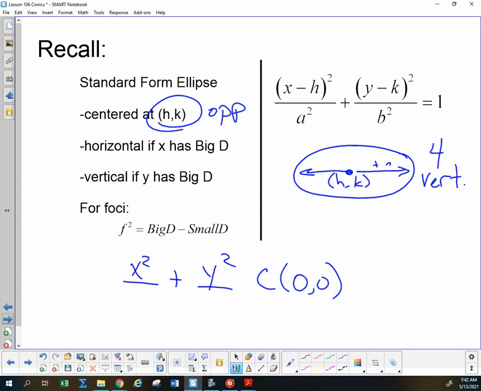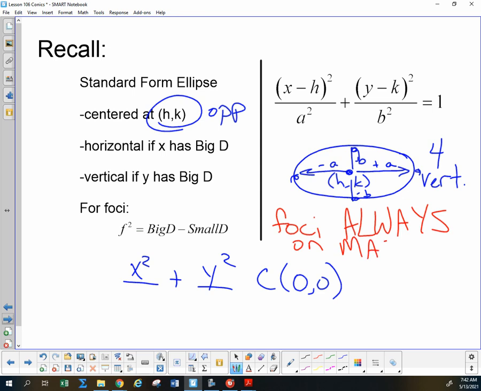So we'd add a and subtract a to figure out how far we go each way there, since a is the big denominator when I drew it horizontally. And then we go plus b and minus b to get to those four vertices. The foci are always on the major axis.